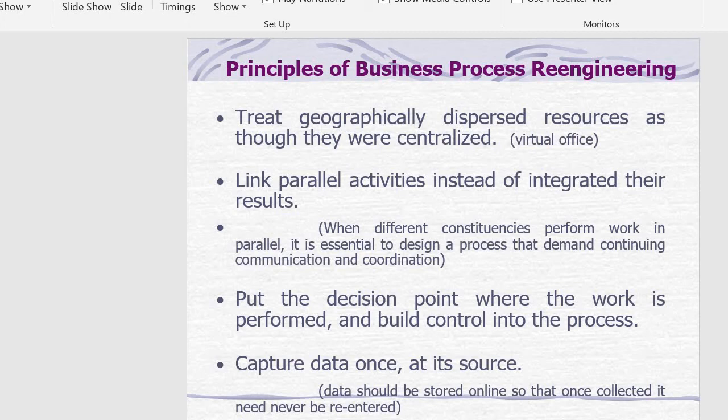Put the decision point where the work is performed and build control into the process. Capture data once at its source. So data should be stored online so that once collected, it need never be re-entered, and the same data can be used for different analyses.